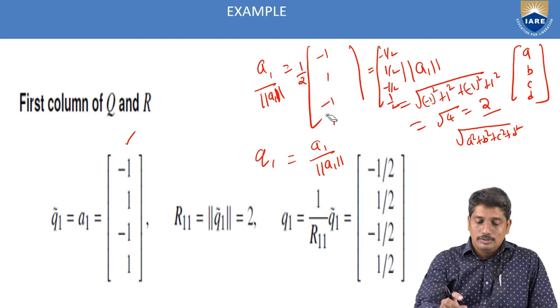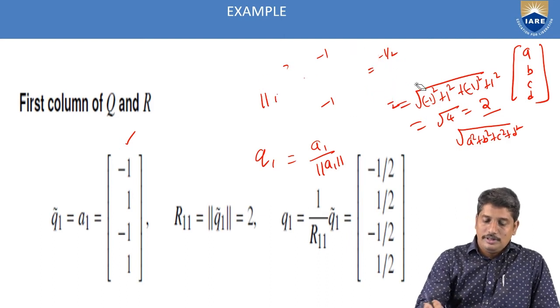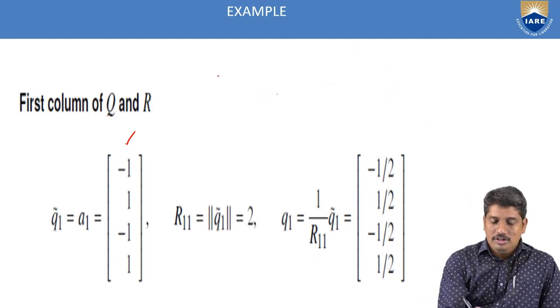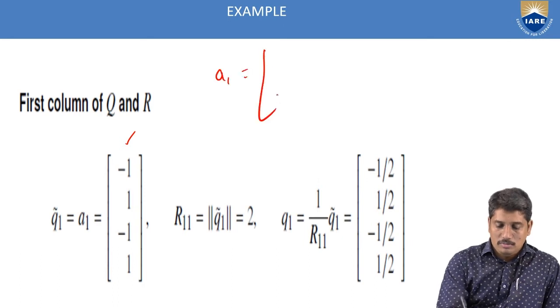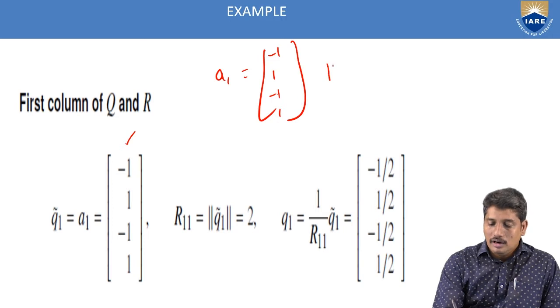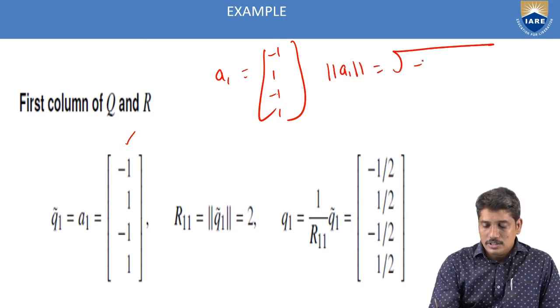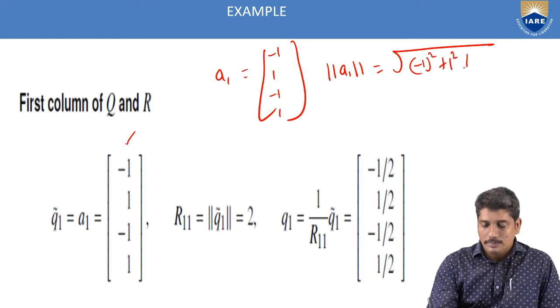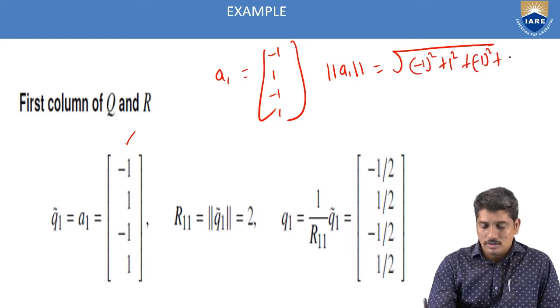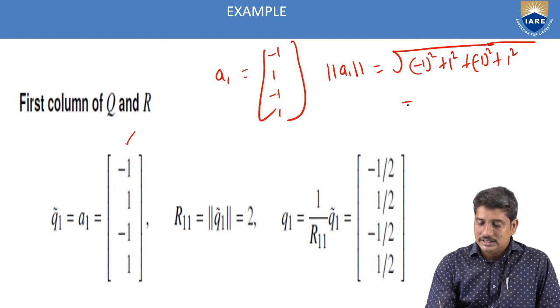Okay, let me write it more clearly. When we take a1 as minus 1, 1, minus 1, 1, then norm a1 will be root of minus 1 whole square plus 1 square plus minus 1 whole square plus 1 square, and hence it is root 4, hence 2.